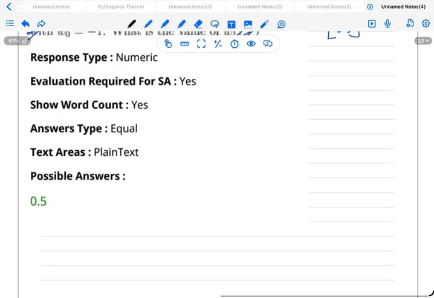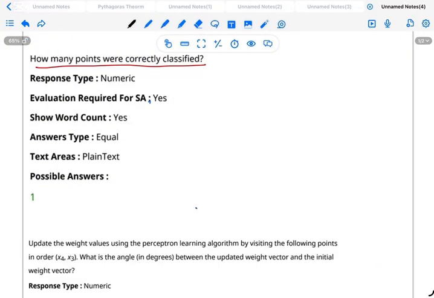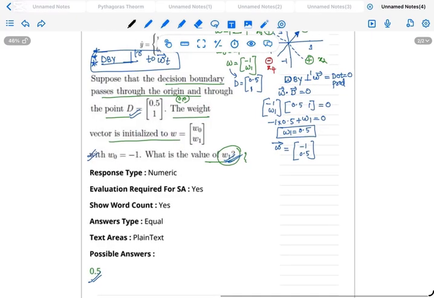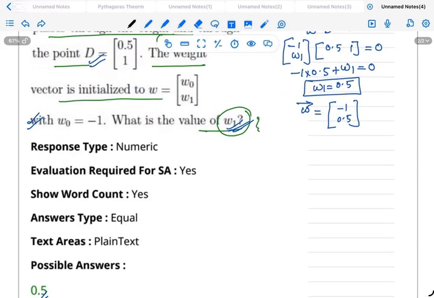Next: how many points are correctly classified? This is the perceptron algorithm.